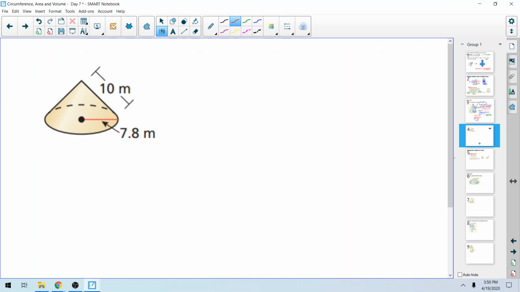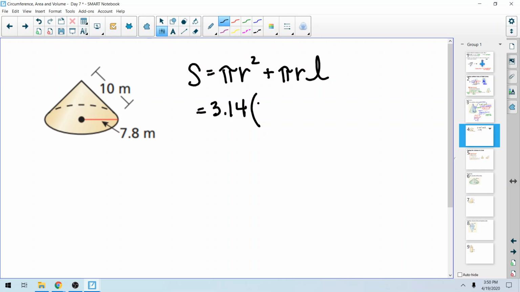Next one, find the surface area of the cone. Same as before, surface area is pi r squared plus pi r L. We're going to start by filling in what we know. 3.14 times the radius squared plus 3.14 times the radius times the slant height.